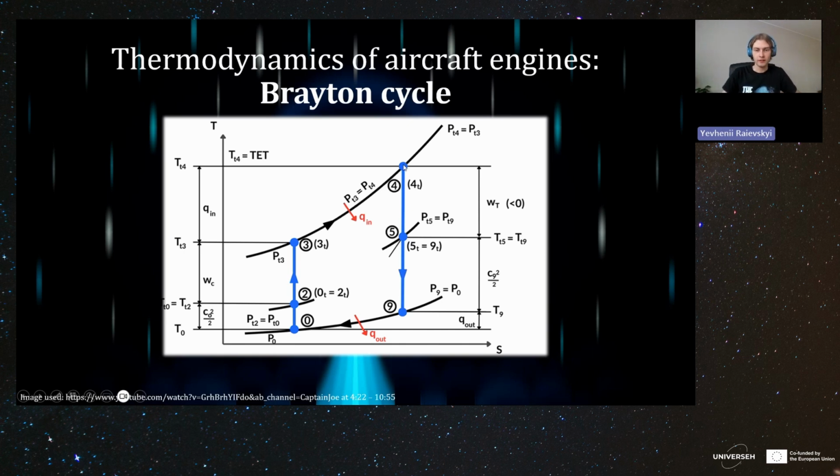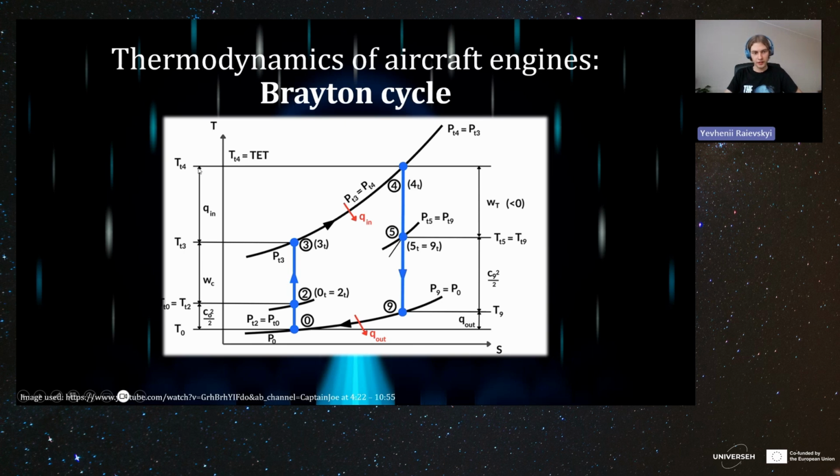And after those air molecules go completely through the combustion chamber, they are in the turbine section, and in this turbine section, this gas does some work on the turbine blades, and of course it loses some energy.